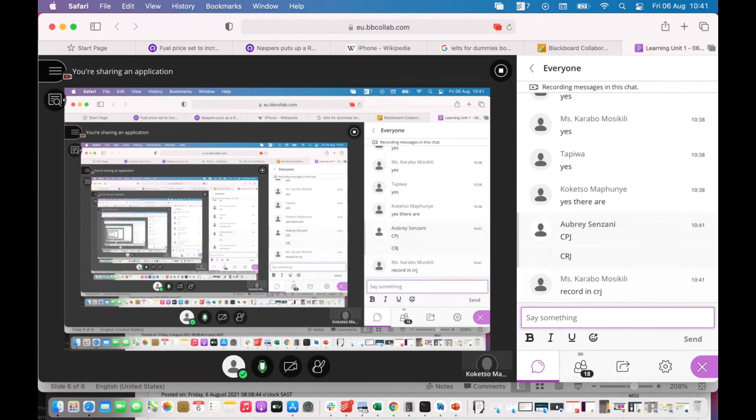Yes, 100% Karabo. Record in the CRJ. So we need to cross out where we wrote BR next to this amount of 958 Rand, 42 cents, and write CRJ next to it, because we need to record it in the CRJ, not the bank recon, since it is a stale check.